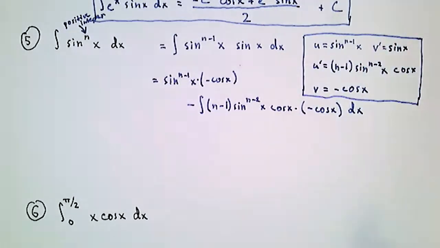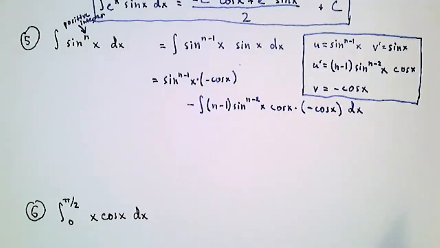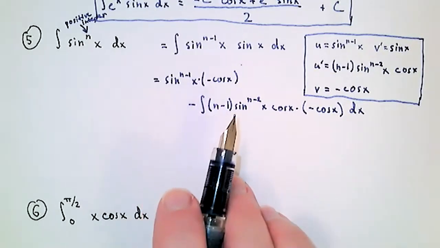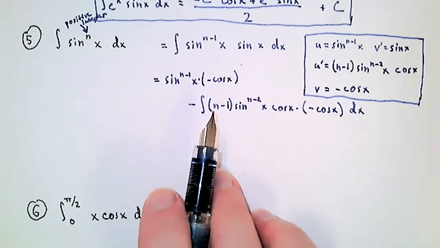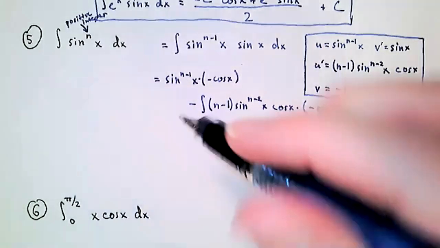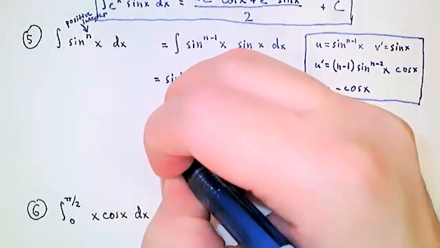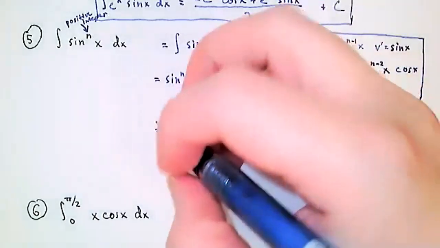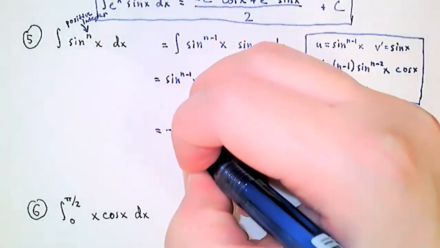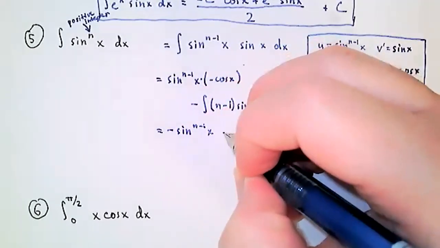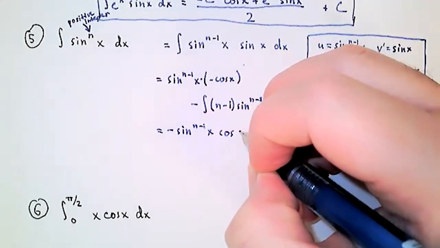Make things a little neater, since things get a little messy when we're using variables in our integrals, this extra variable n from the exponent. There's a little bit more writing to do. Okay, so let's clean things up in this expression. This minus sign, we will want to move to the front where we normally put constants. So we have minus sine to the n minus 1 power of x times cosine of x.